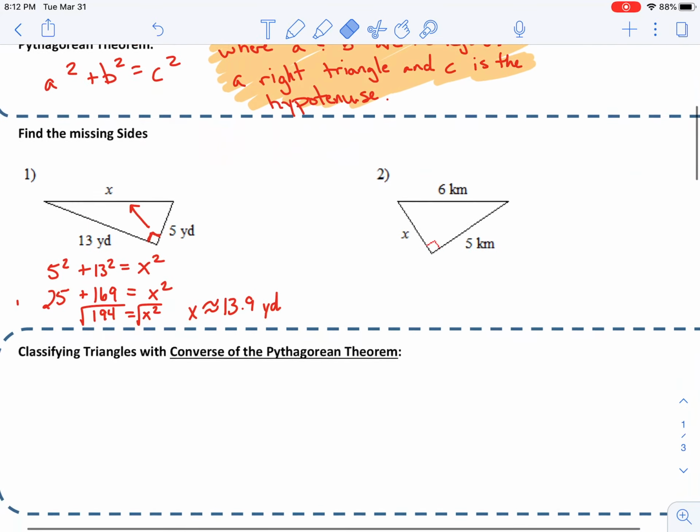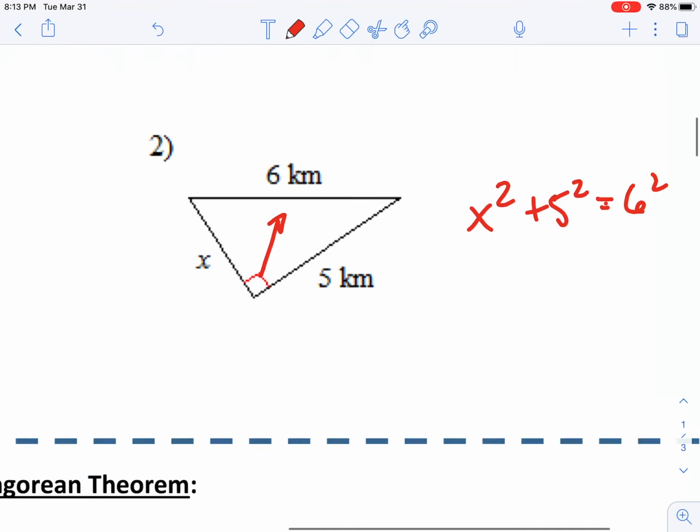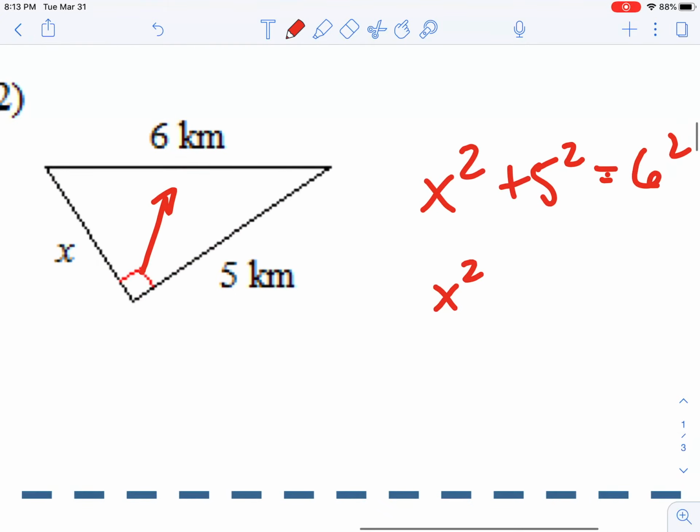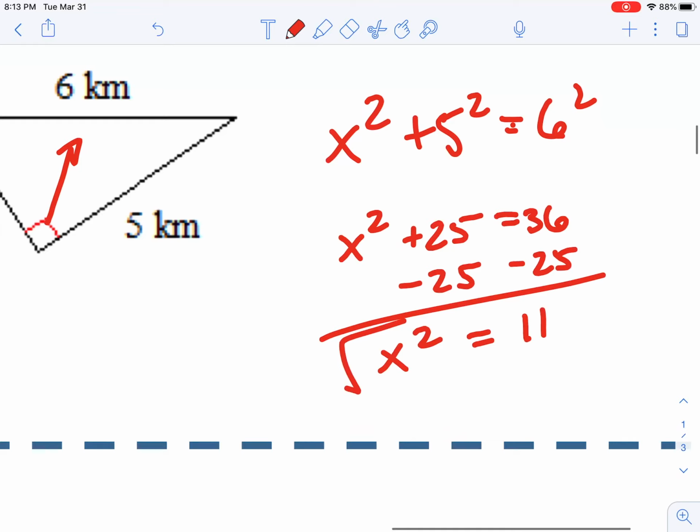Okay, number two. Again, the hypotenuse is directly across from the right angle. So x squared plus 5 squared equals 6 squared. So we have x squared plus 25 equals 36. Subtract 25 from both sides so that we can get x squared by itself. x squared equals 11.